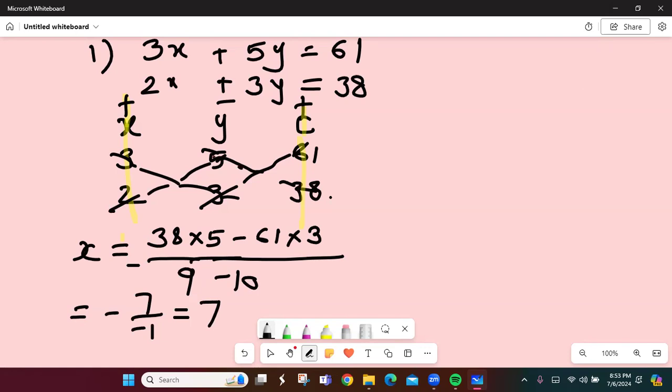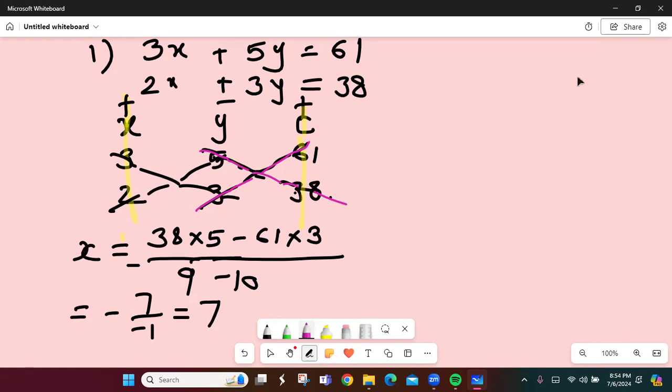So make a cross here. So 38 into 5 will multiply, and then 61 into 3 you multiply. But when you are multiplying 61 and 3, we'll change the sign. So that gives you the x value.